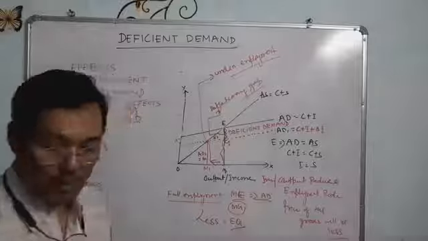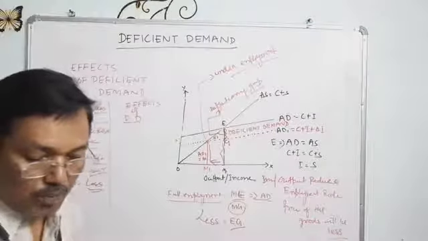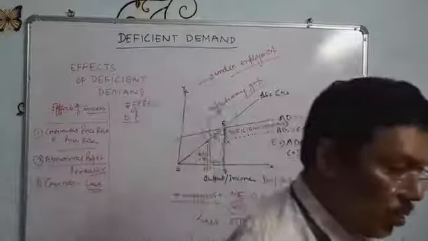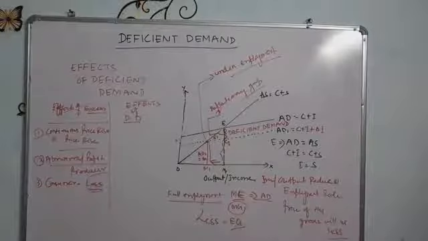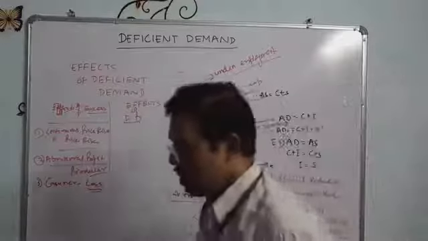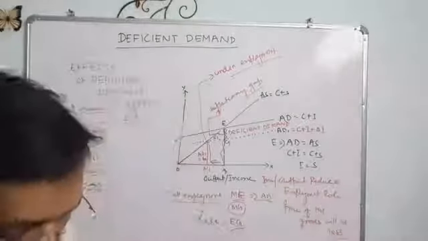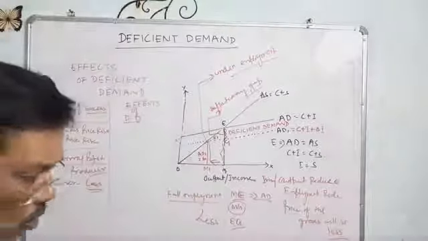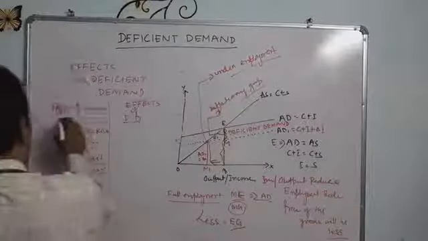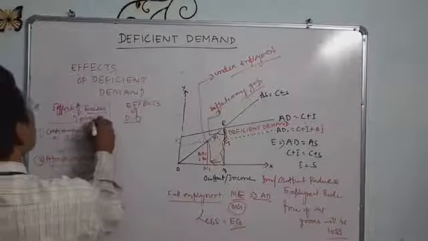Consumers will suffer the loss because their purchasing power will be reduced, they will purchase goods at higher prices, so they are not able to purchase more units of goods. That is why they will suffer the loss. So consumers will suffer the loss and producers will get the profit. Whenever the price rises in excess demand, I am discussing the effects of excess demand, which I was discussing in the last topic.